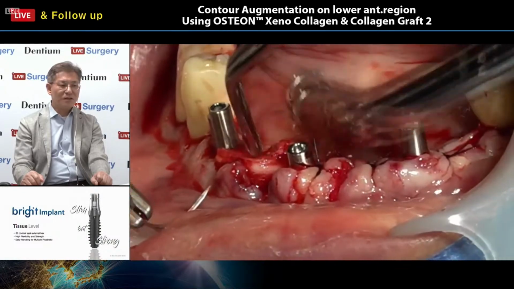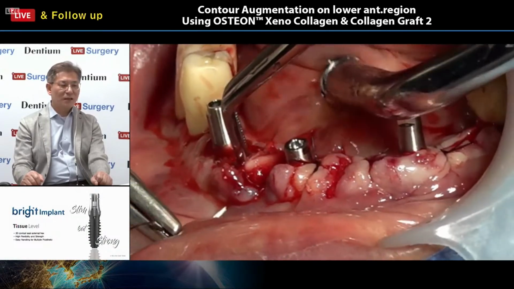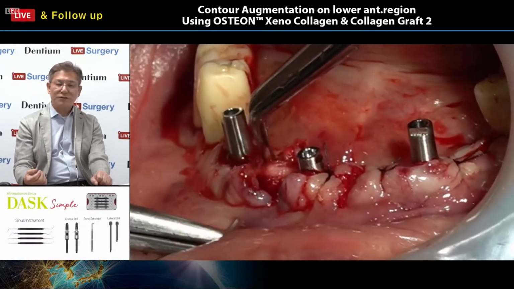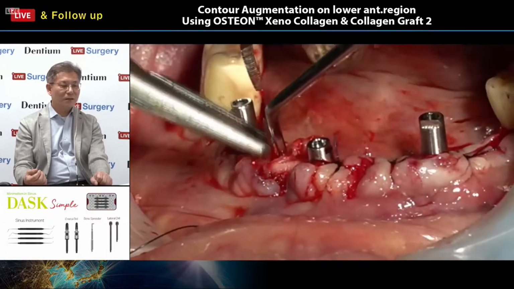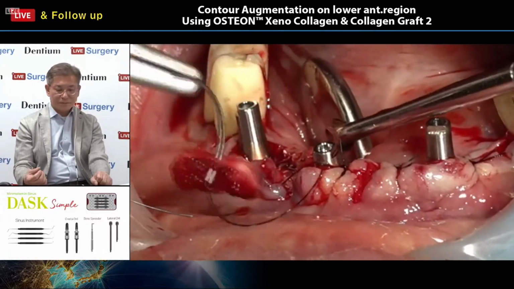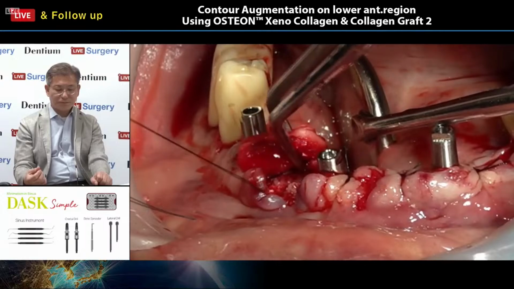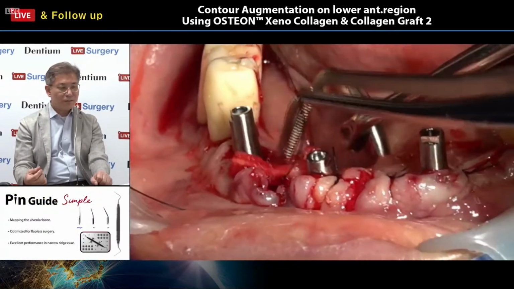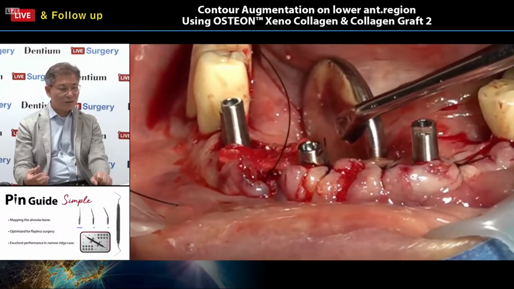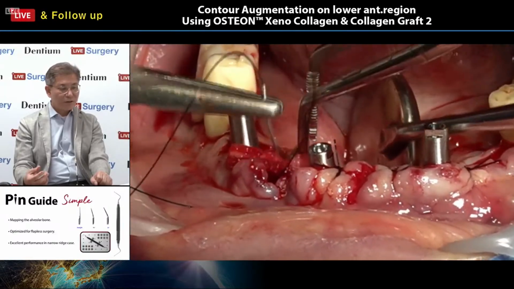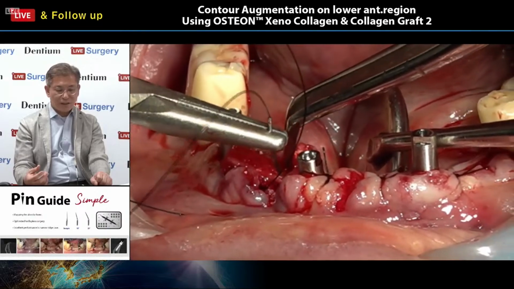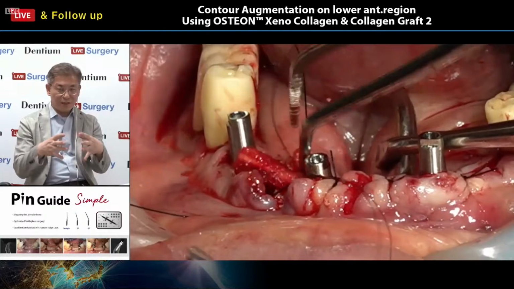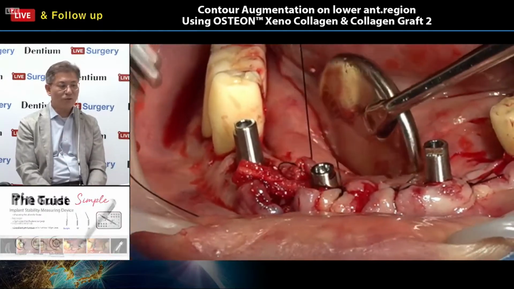This collagen matrix product promotes faster soft tissue healing. I think this collagen graft works by promoting soft tissue healing in open wound areas like this.